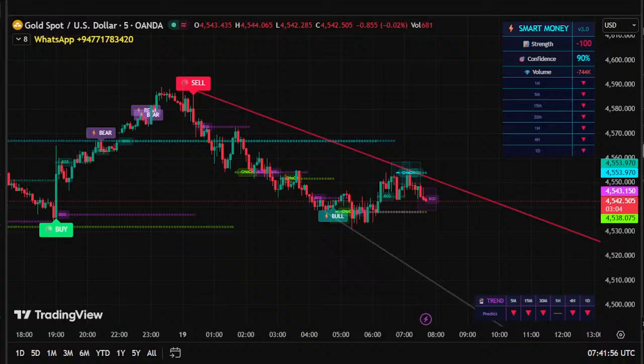In contrast, proprietary trading firms, prop firms, operate differently by allowing traders to trade the firm's capital rather than their own. This setup significantly reduces the financial risk for traders while providing the opportunity to earn a share of the profits. Prop firms usually require traders to pass a rigorous evaluation process to demonstrate their trading skills and discipline.